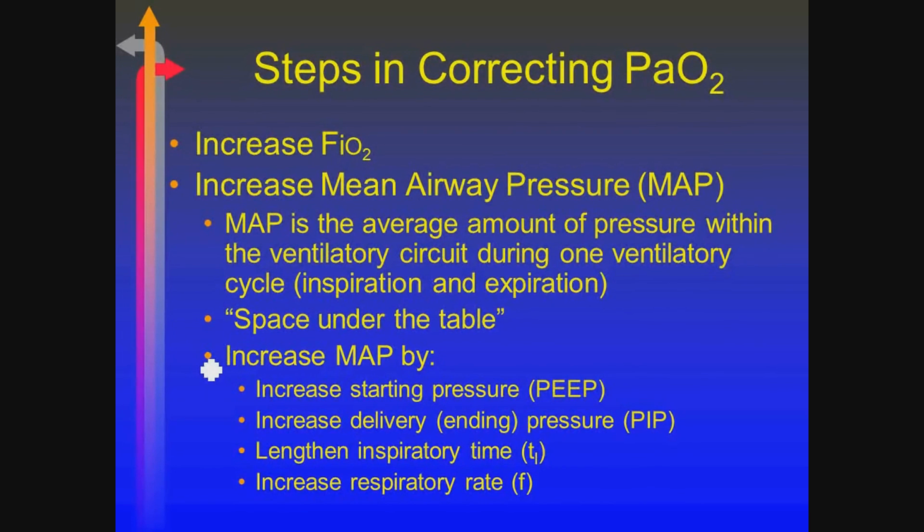We can also do things by altering the space under the table, that is, the mean airway pressure, by increasing the baseline, increasing the end pressure or the delivery pressure, the PIP, lengthening the I time, or increasing the respiratory rate. If I'm causing that pressure to be increased more often, the mean airway pressure is going to go up.